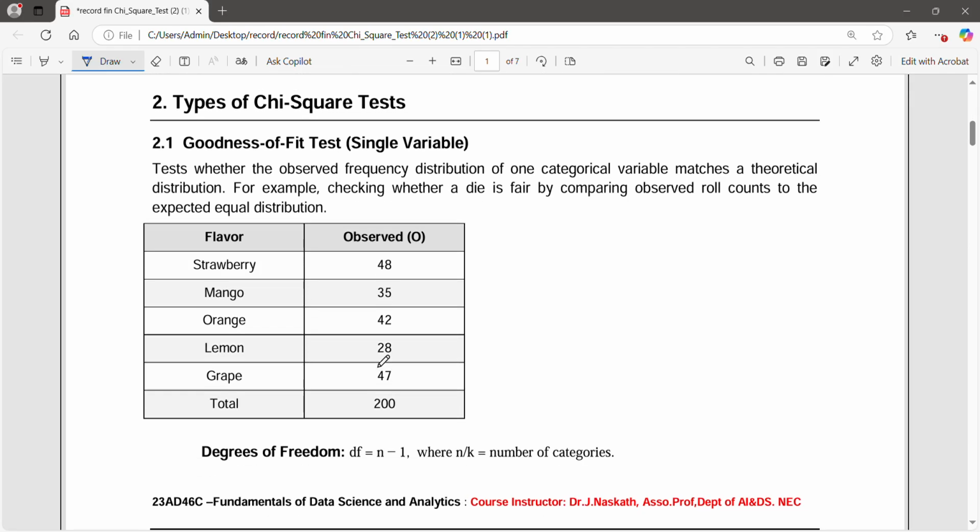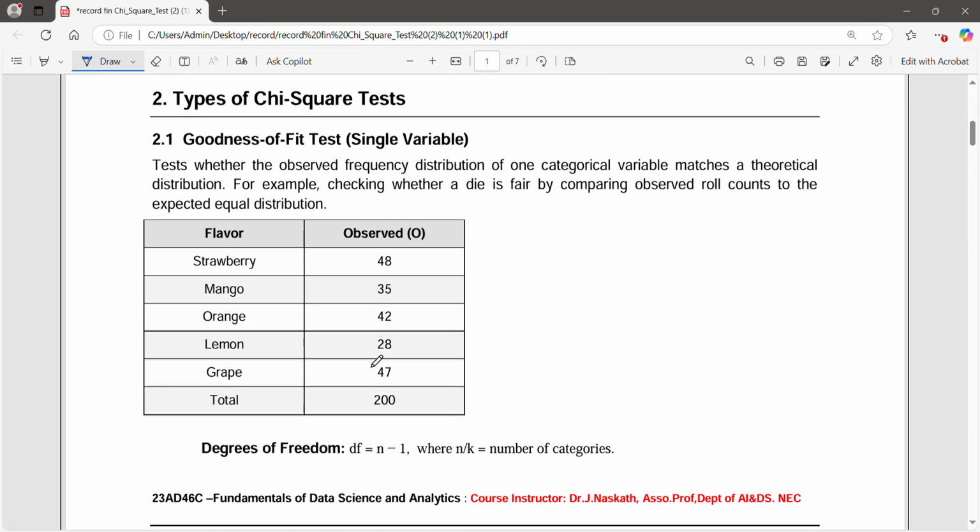Next, two different types of chi-square test are, first, the goodness of fit test, for a single variable, and another one is the test of independence. The goodness of fit test is used to check how well the observed data matches the expected data, based on given assumptions or distributions.